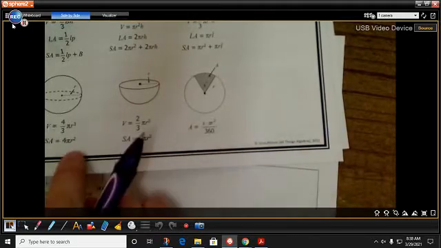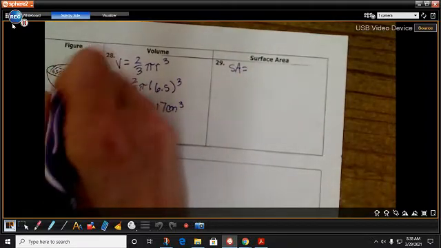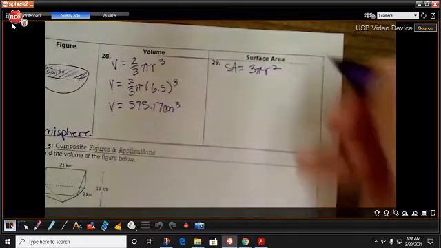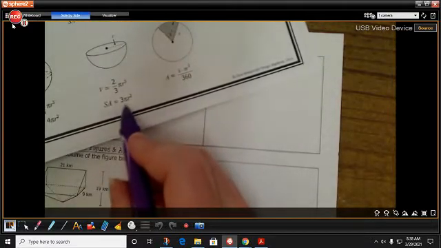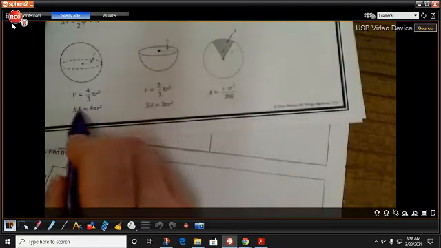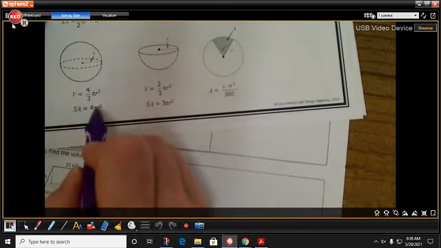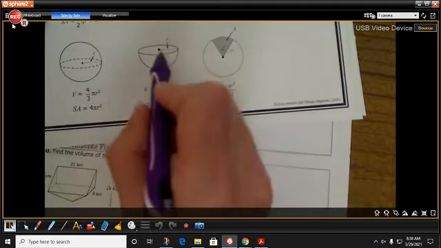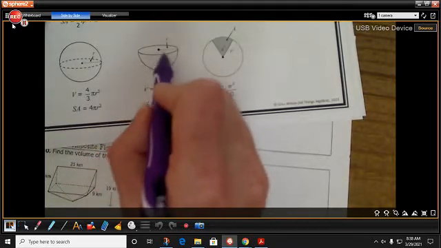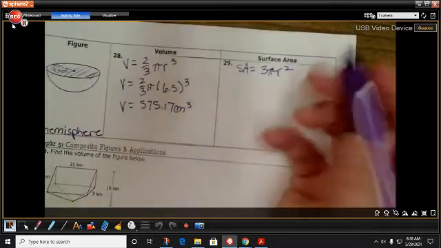So half the surface area would be 2 pi r squared, plus the additional circle here comes out to be 3 pi r squared, which, yes, is given to you here on your formula chart, but it comes from the idea that you're taking half the surface area of your total sphere, so half of 4 is 2, and then the area of this one great circle, so 1 pi r squared plus the 2 pi r squared gives you 3 pi r squared.